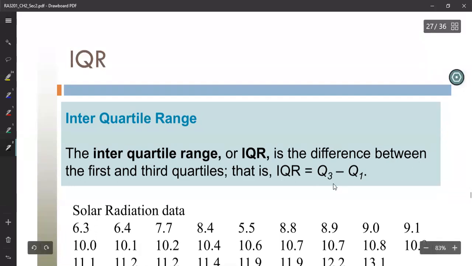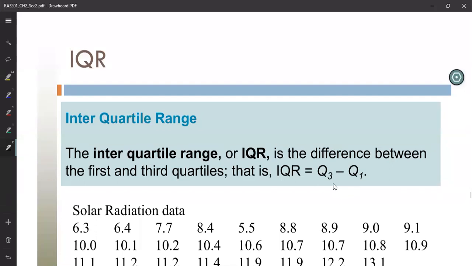Now you can get a hint about the behavior of the range and the interquartile range. When there are outliers, the minimum and the maximum will actually be the outliers, right? So your range becomes very, very large. But your Q1 and Q3 are not affected by outliers. So when there are outliers, IQR is better than the range.